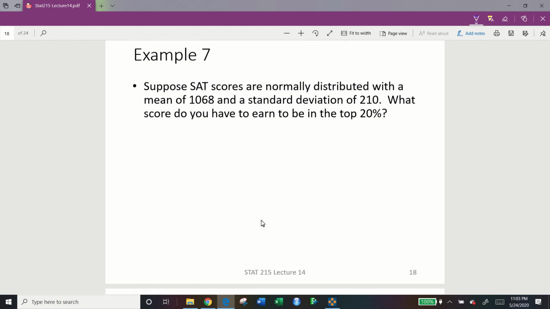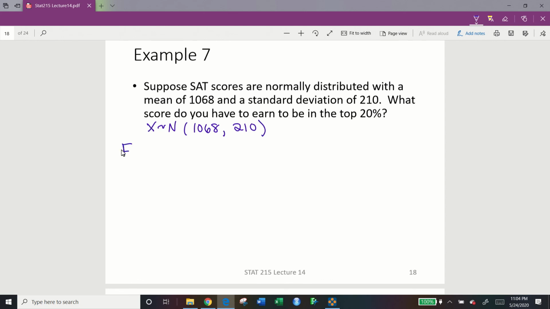Suppose SAT scores are normally distributed with a mean of 1068 and a standard deviation of 210. What score do you have to earn to be in the top 20%? All right, so we will assume that x follows the normal distribution with a mean of 1068 and a standard deviation of 210.